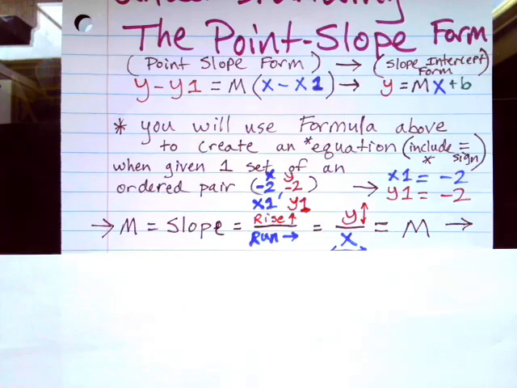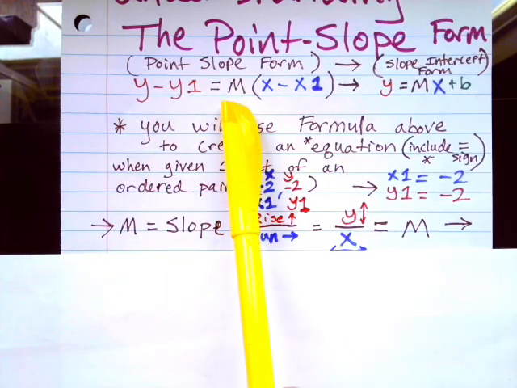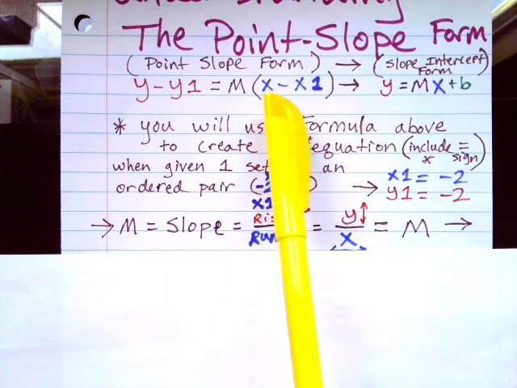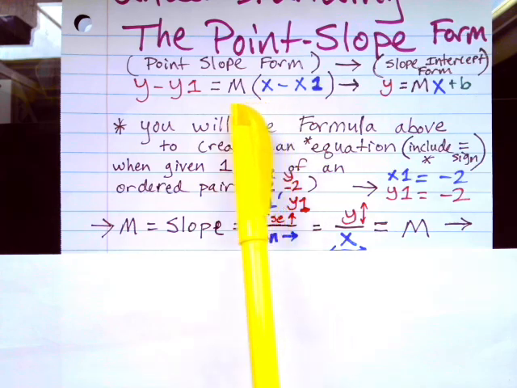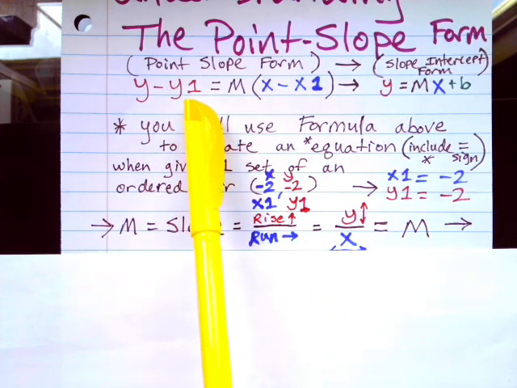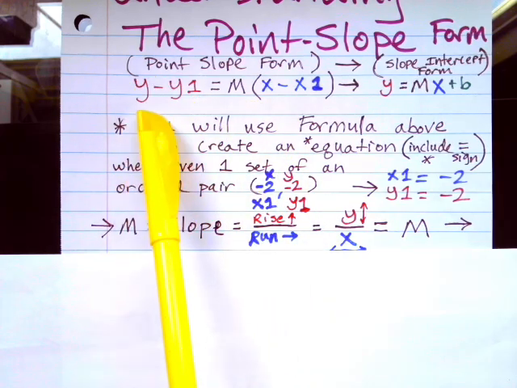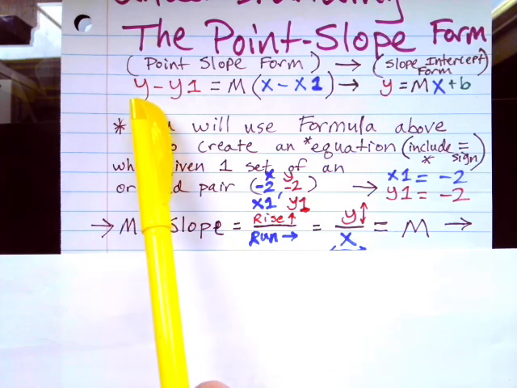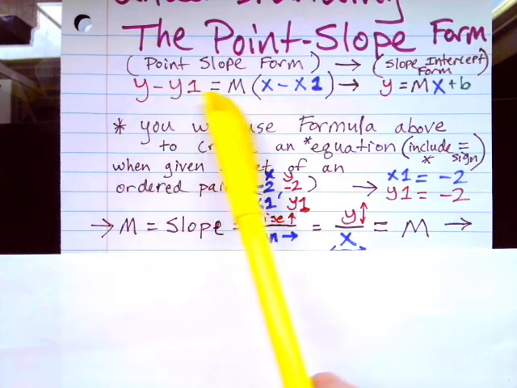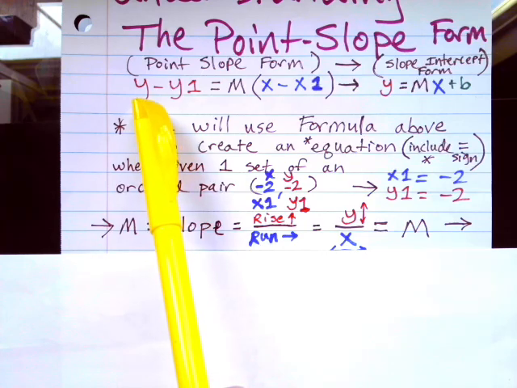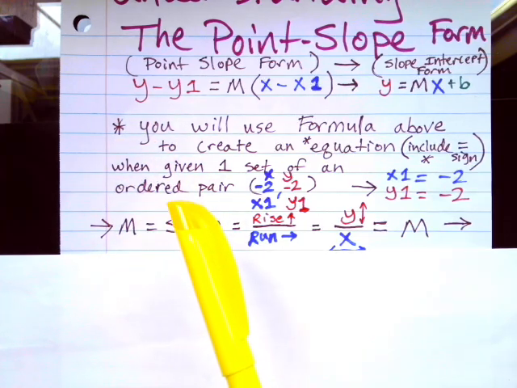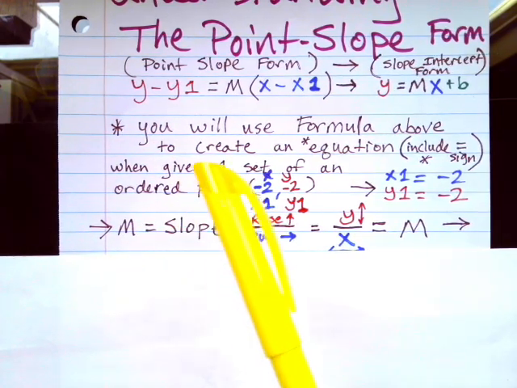If you were given the slope, x1, y1, and an x2 value but were missing the y2 value, hint, hint, you could use point slope form to solve for that missing y value in an ordered pair, or vice versa.